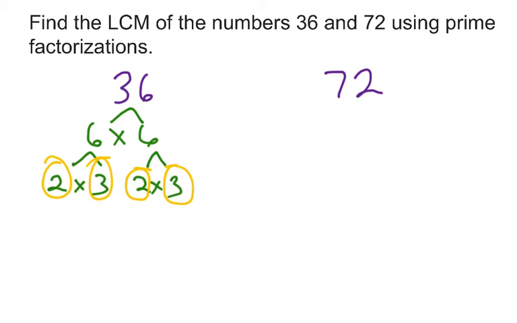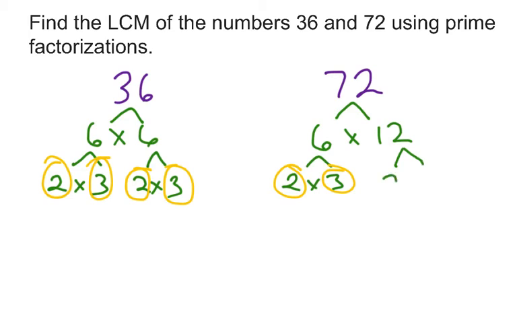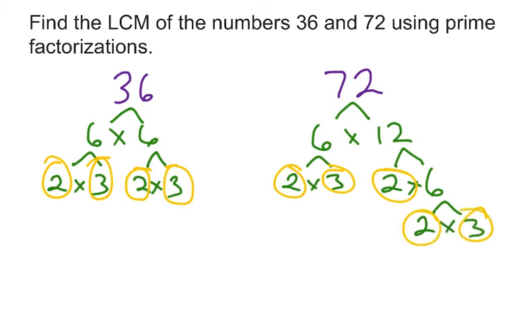Moving on to 72, we have 6 times 12, neither of which are prime, so I keep going. 2 times 3, so now I have my prime numbers for 6. Moving on to 12, I have 2 times 6, 2 is prime, and 6 can be factored into 2 times 3.